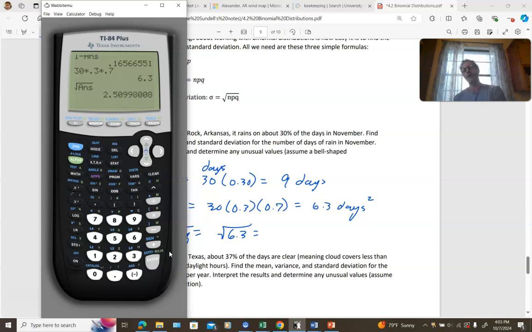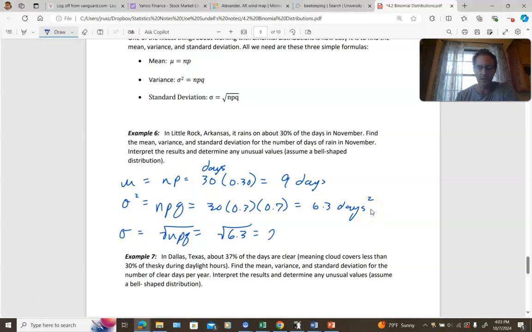Okay, so I'm going to round this to 2 decimal places and call this 2.51 days. Okay, so let's talk about what this means just for a second. So this is the standard deviation. So think about, we were talking about symmetric bell-shaped curves or distributions.